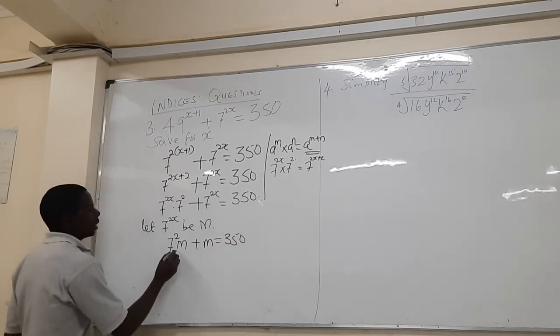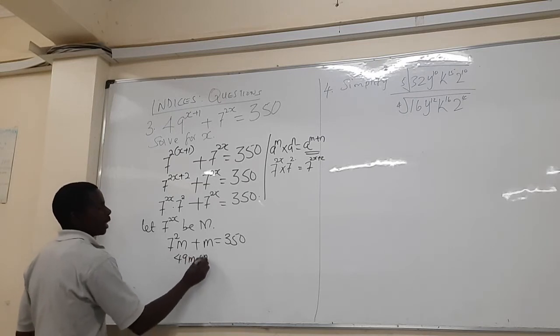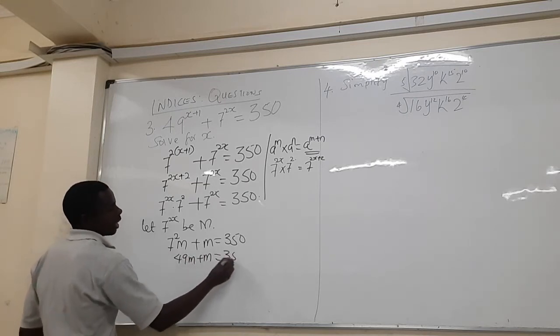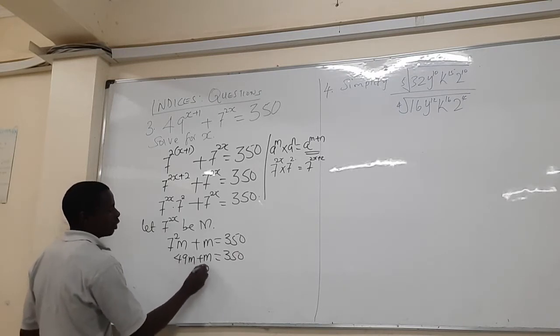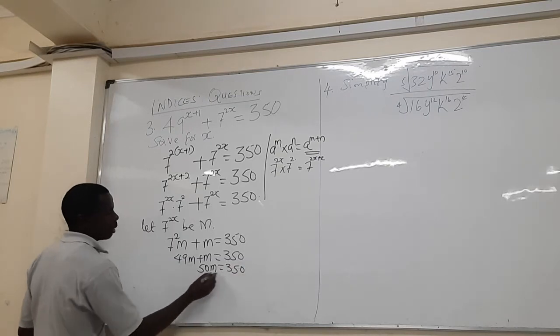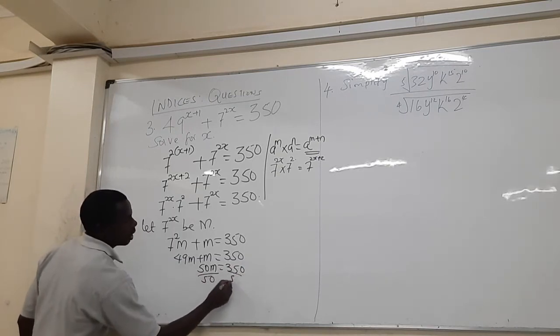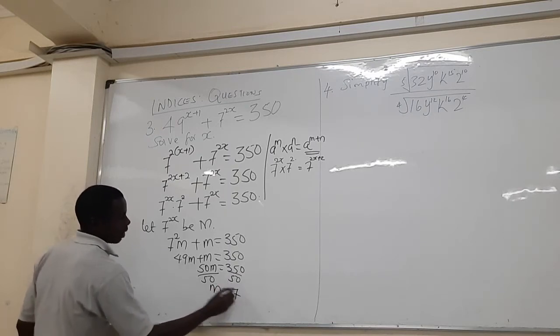Then 7 squared is 49, so 49m plus m is equal to 350. This is 49 plus 1, that is 50m is equal to 350. Divide by 50 on both sides and we have m is equal to 7.